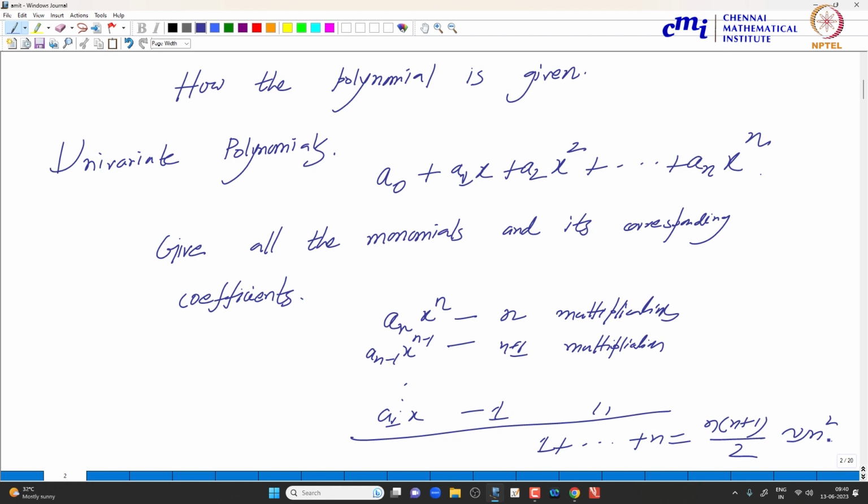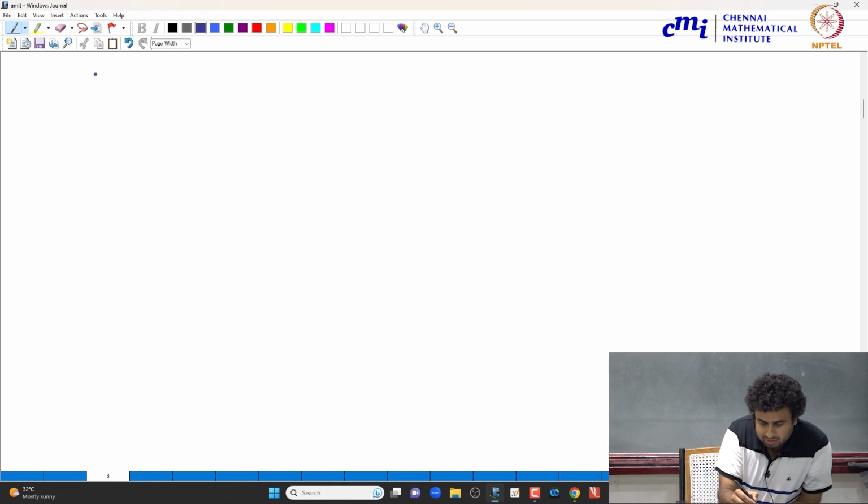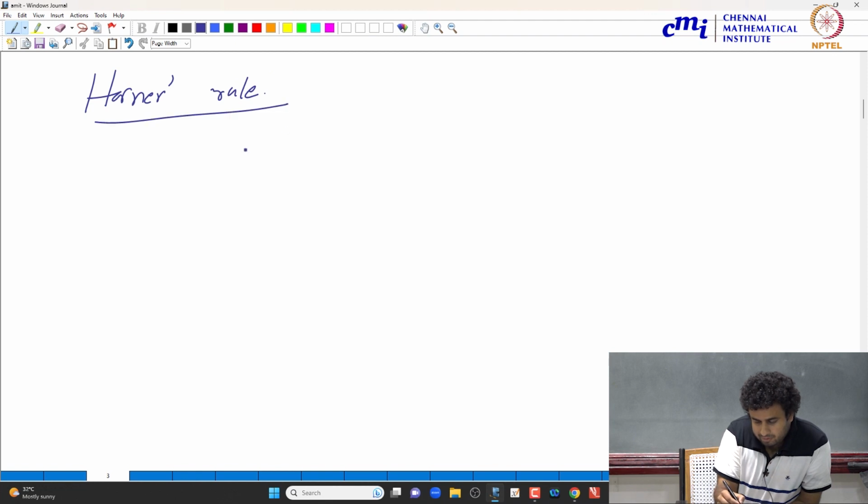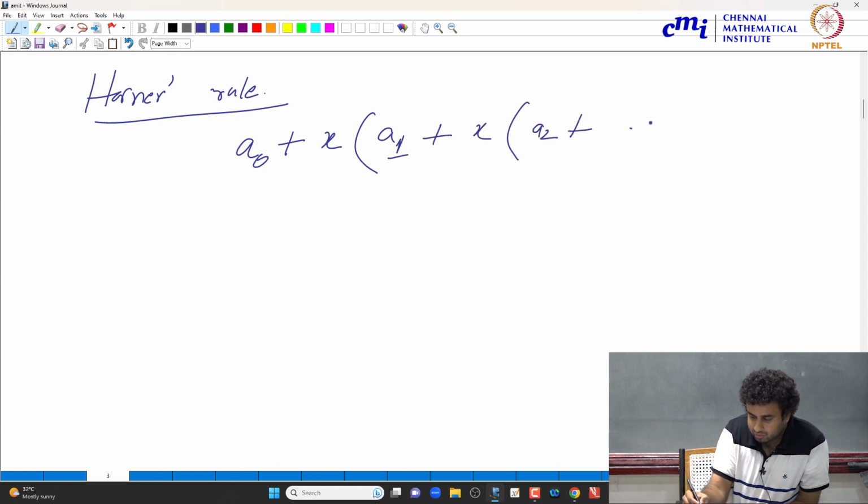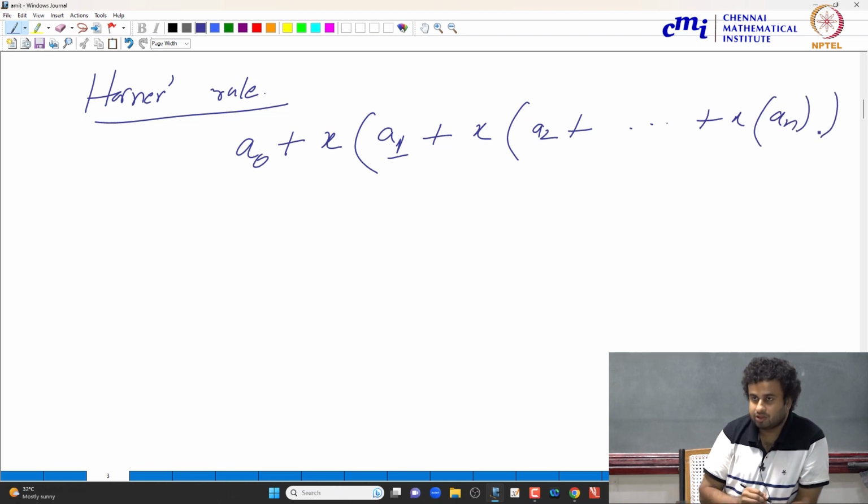So let me tell you how. This is called Horner's rule. Basically it is grouping: a0 plus x times (a1 plus x times (a2 plus ... x an)). You can check that these two polynomials are the same, right?